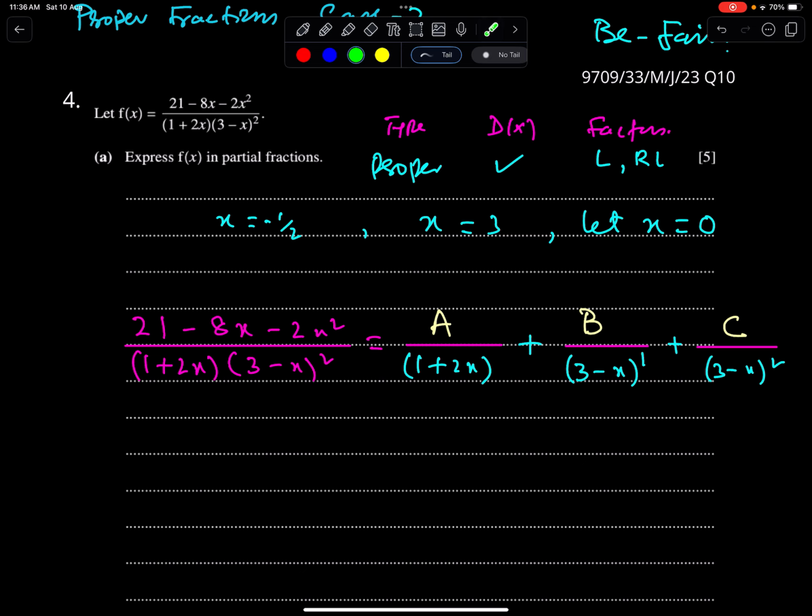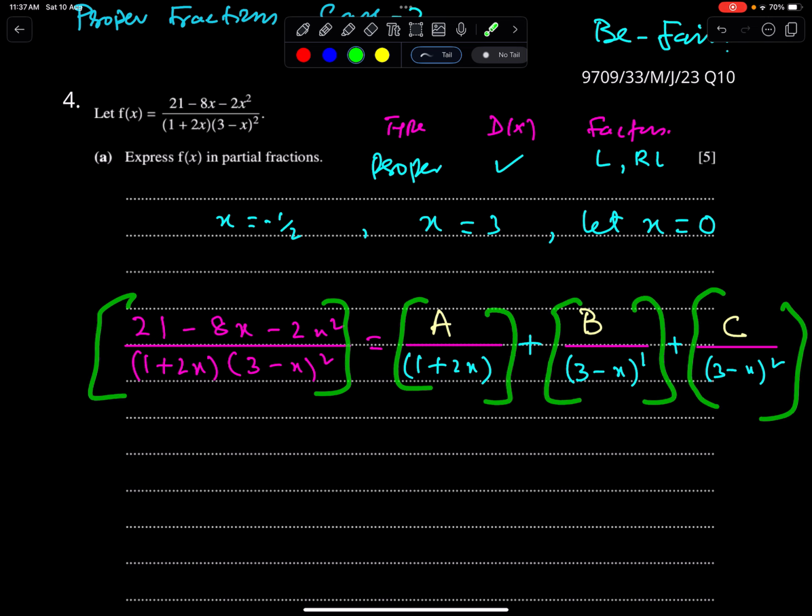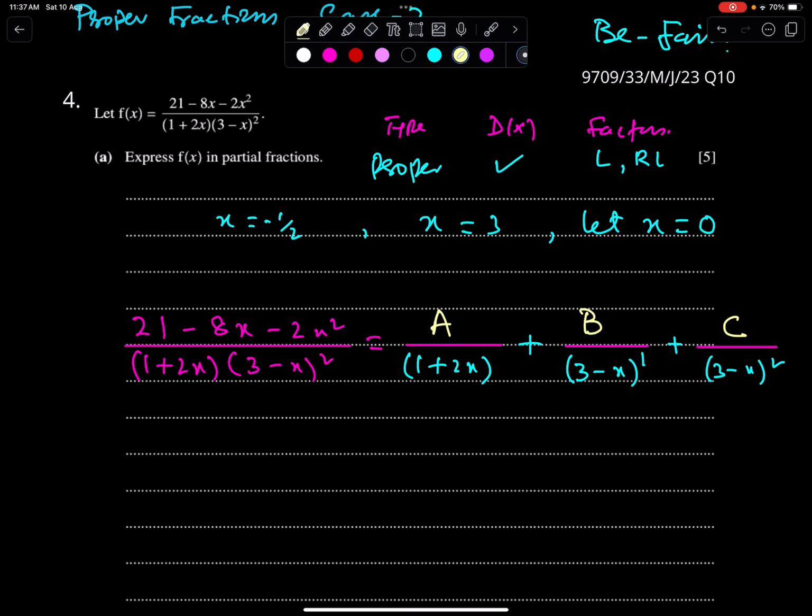Now for the next step, eliminate all these fractions, and for that you need to multiply all fractions on both sides with this denominator, 1 plus 2x times 3 minus x whole square. I explained this point in my previous lecture in detail, so I'm doing this directly here.